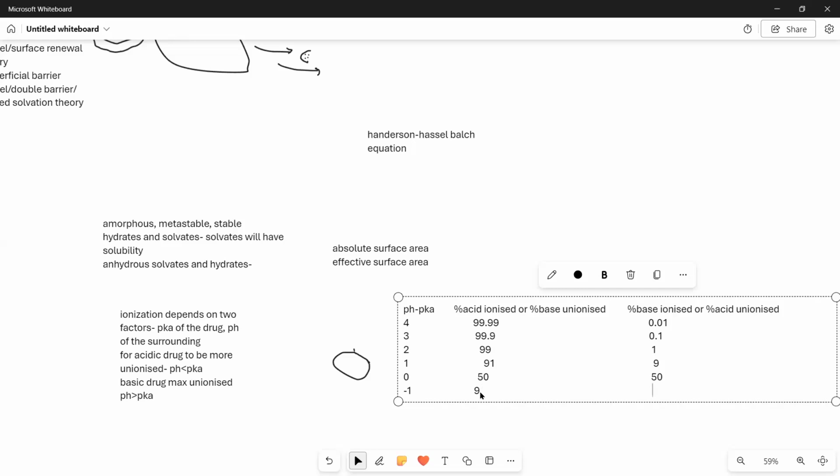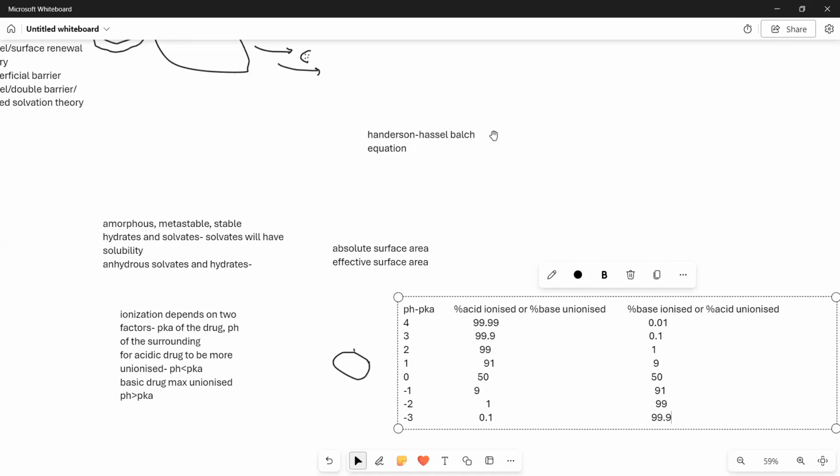If it is -2, it would be 1 and 99. It would be -3, it would be 0.1 and then 99.9. So basically these are the values, guys. You have to remember these.